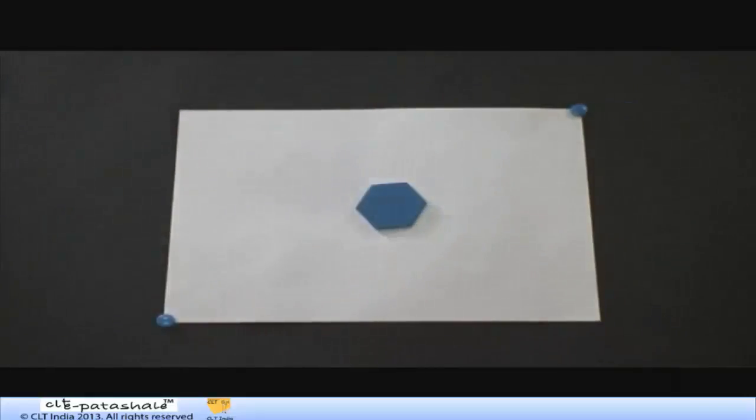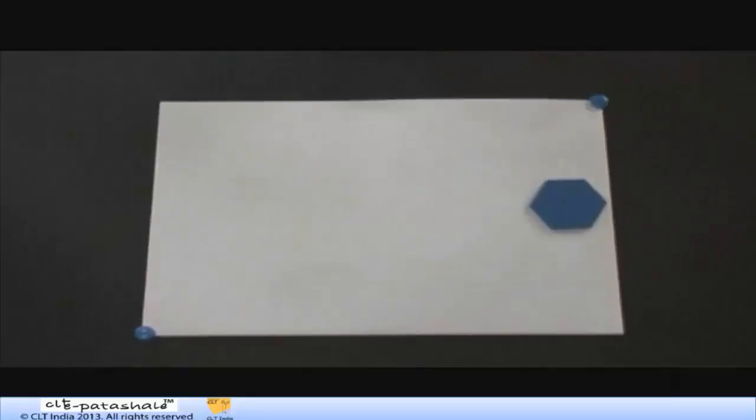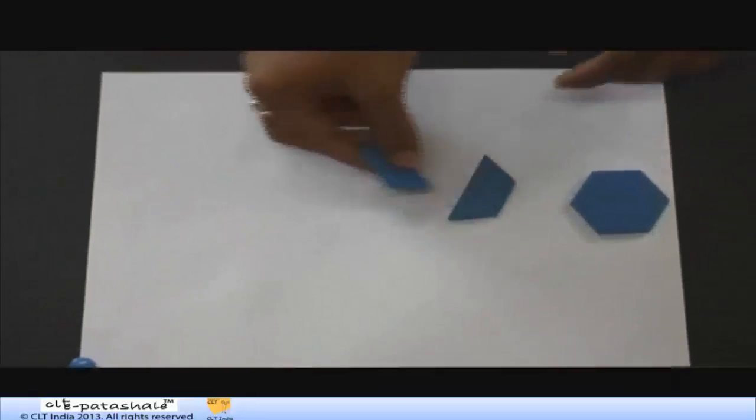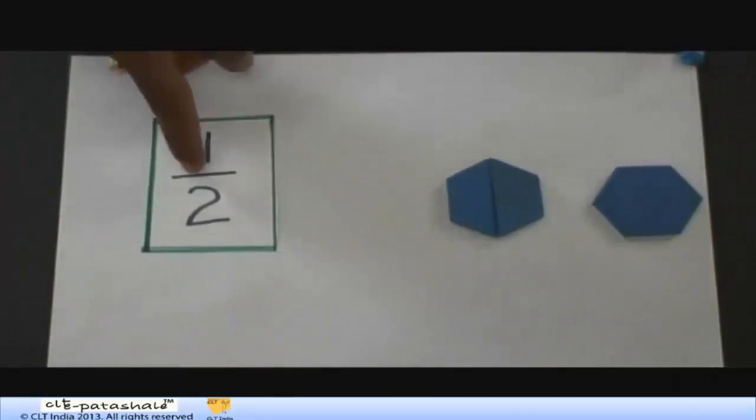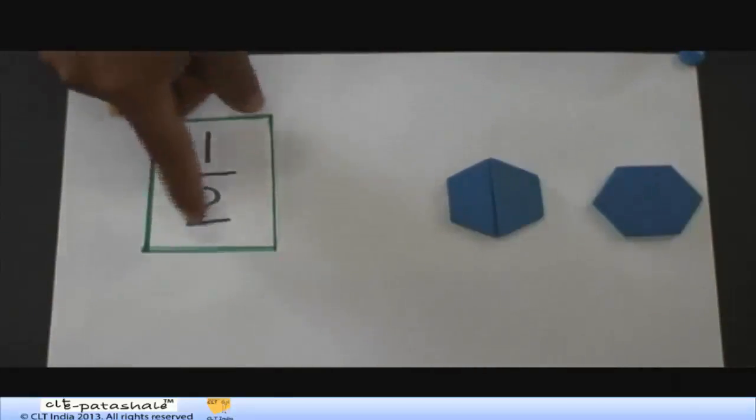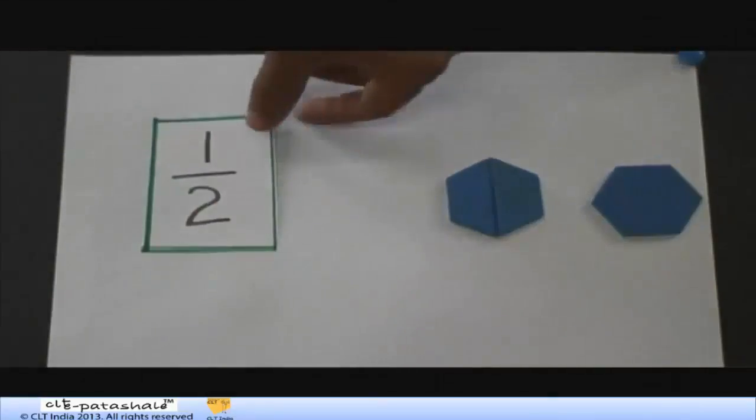This is a hexagon. If we break it into two pieces, each is half or 1/2. This is an example of a fraction.